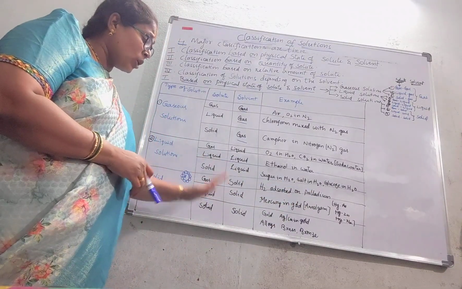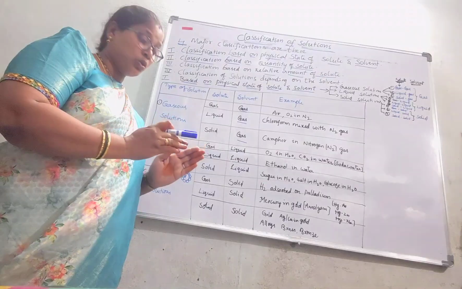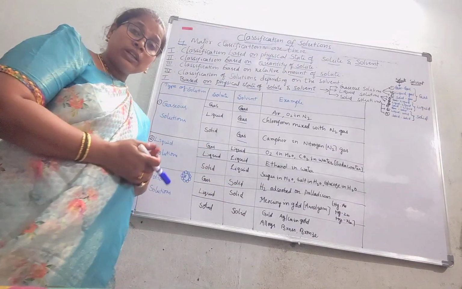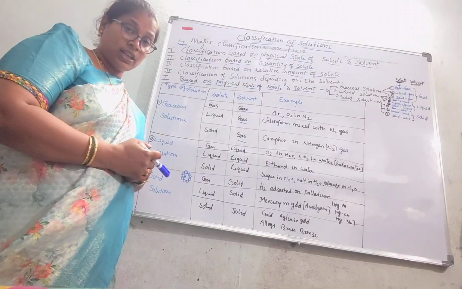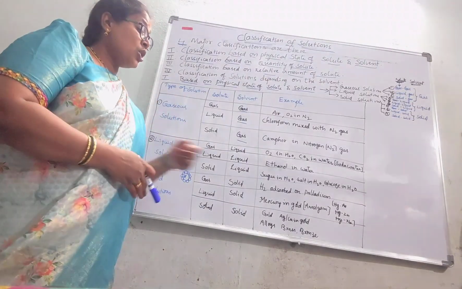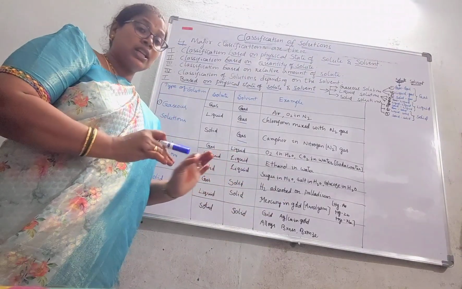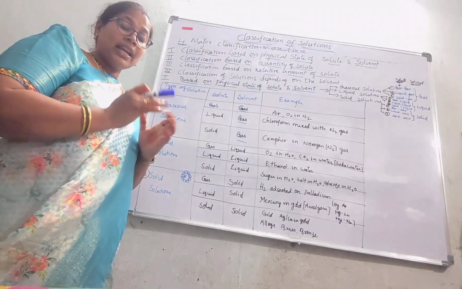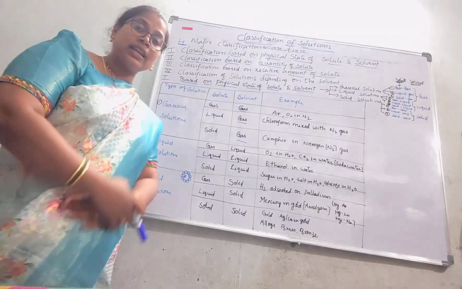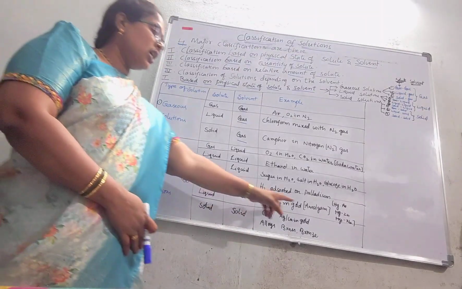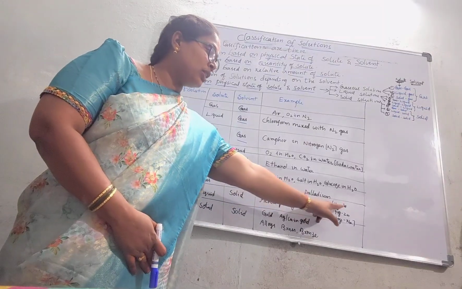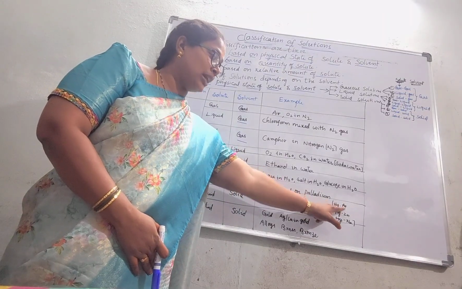Now liquid in solid type. Here the solid content is more, solid as a solvent. Liquid in solid type: we know that mercury is a liquid metal. Yes or no? Mercury is a liquid metal. So mercury in gold. Generally any metal with mercury is called an amalgam. So here this is gold amalgam, mercury with gold.